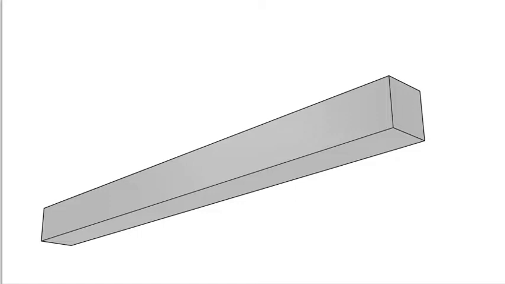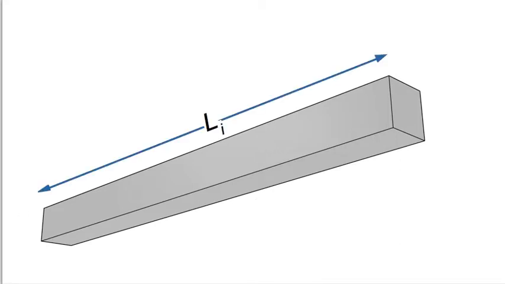If this is very long, the width and the height are not going to be very important. What's going to matter the most is its length. So I'm just going to focus on the length of this bar.